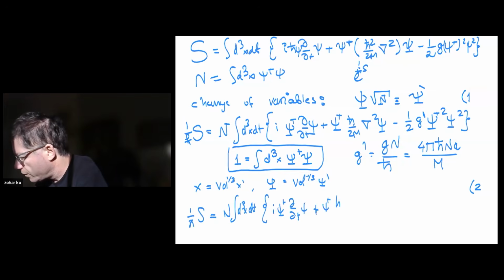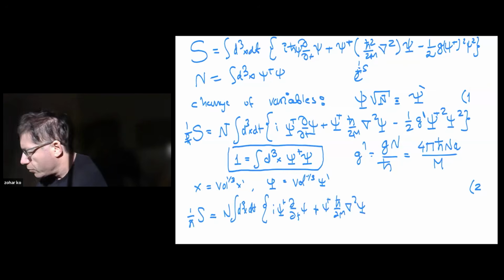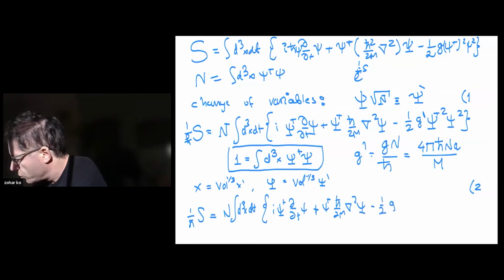So it almost doesn't do anything, what I just did, but it's very crucial, as you'll see in a second. And here we get g twiddle now. We get g twiddle, and then we get psi dagger squared, psi squared.